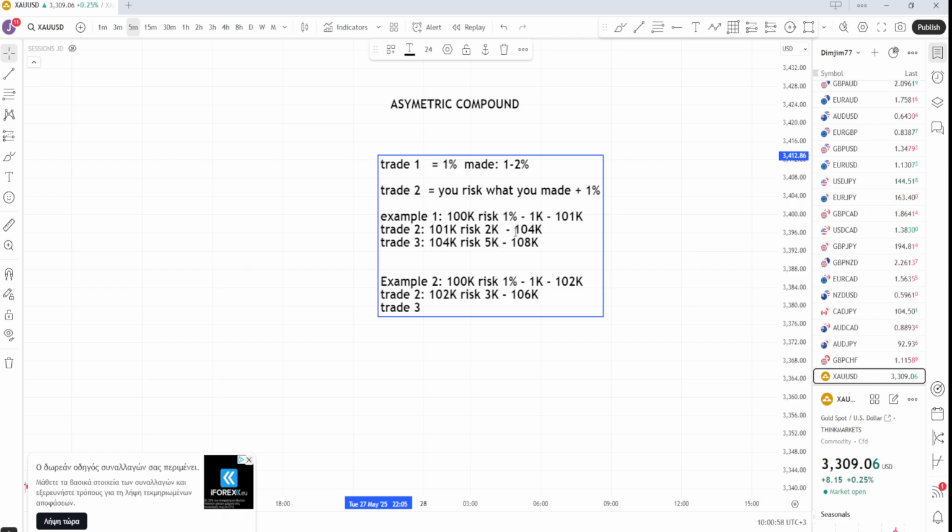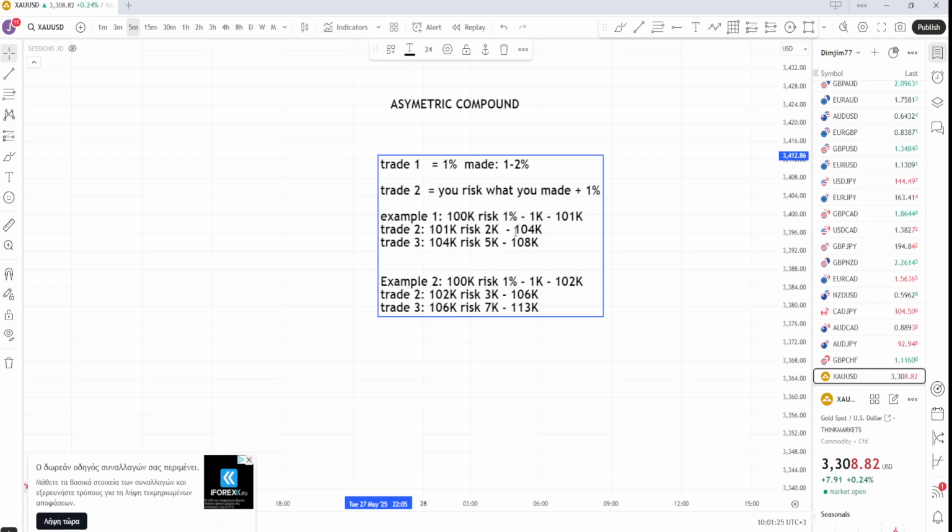Trade 3, you risk the 6k plus the 1%, so 106k, risk 7k, you go to 113k, and so on and so forth. Okay, this is an asymmetric compound.